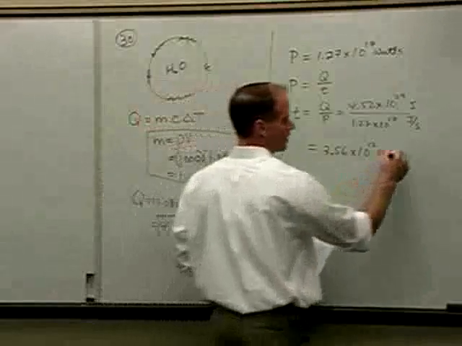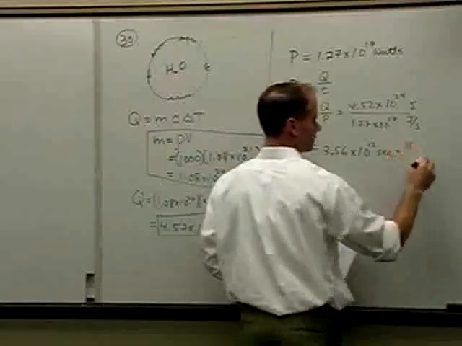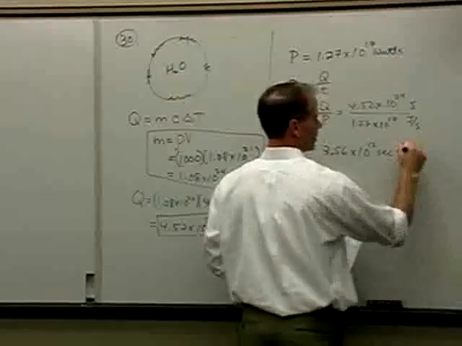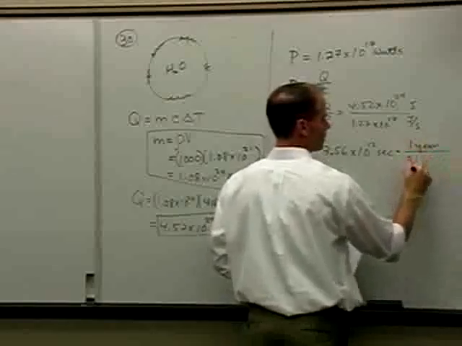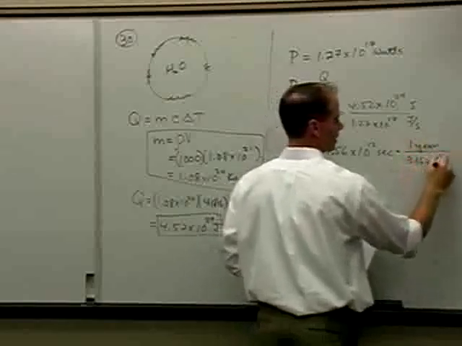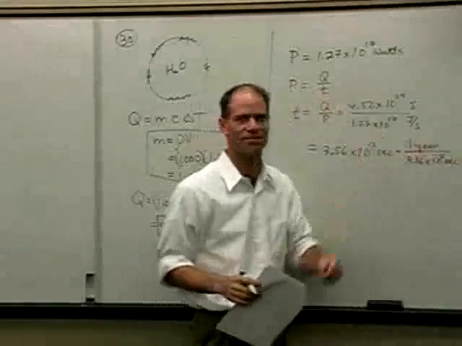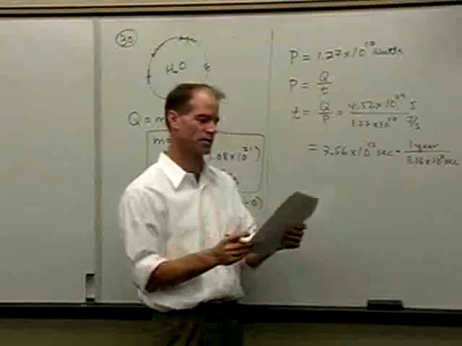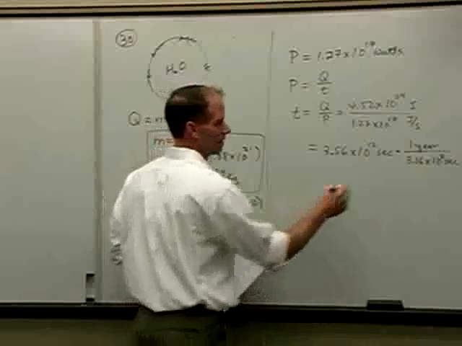So let's convert. We know that there is 1 year per 3.16 times 10 to the 7 seconds. I usually say pi times 10 to the 7 seconds for a year, but if we want to be more exact, it's 3.16.